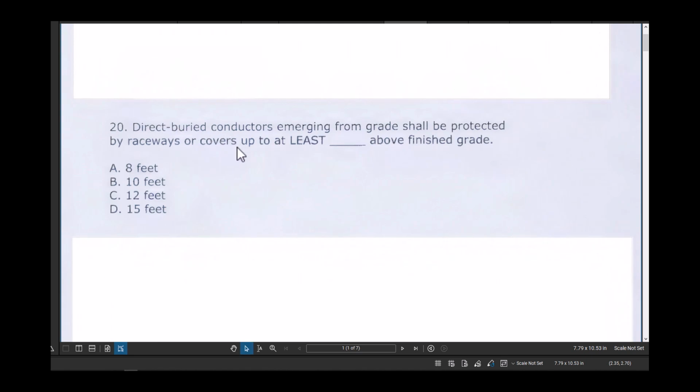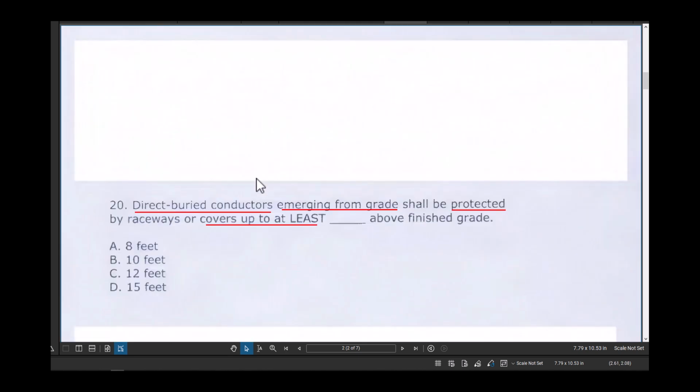If we highlight what we have, direct buried conductor emerging from grade, protection, covers up, these are what we generally look for in the index area.